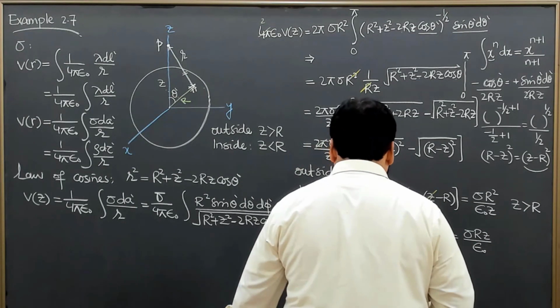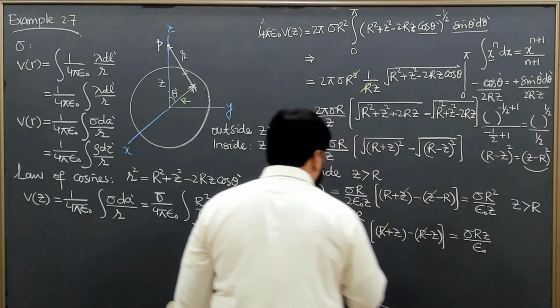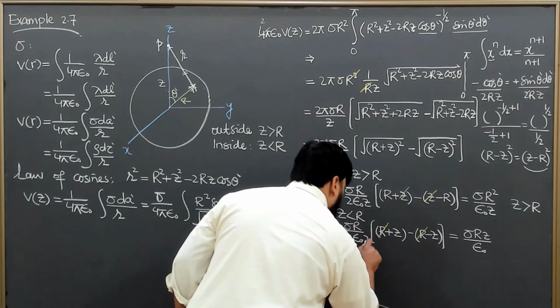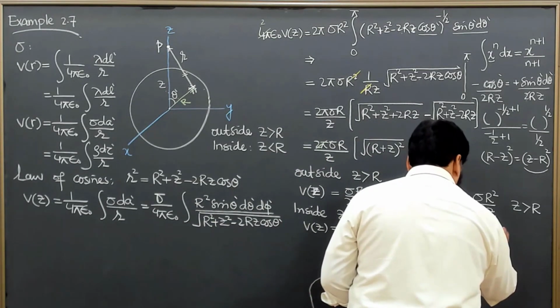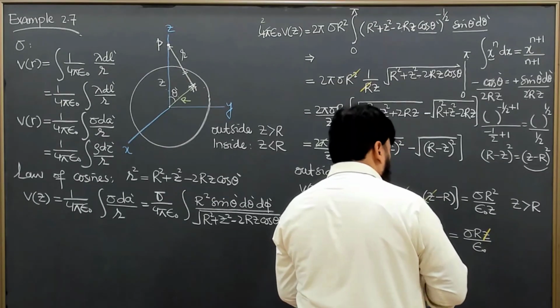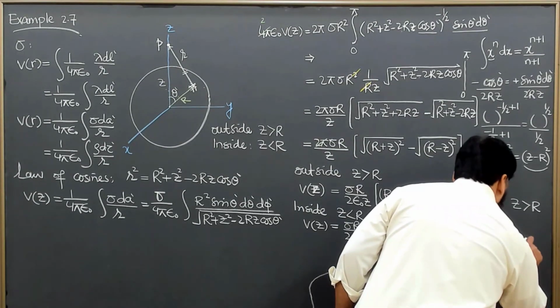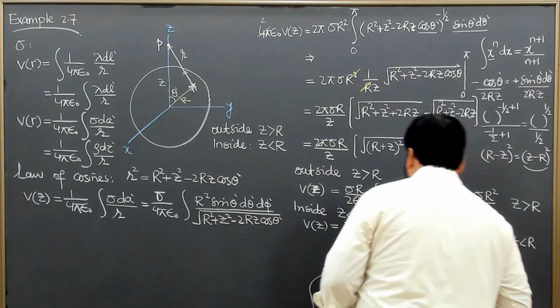One thing, here we are having z as well, so this z will be cancelled as well, for z less than r.